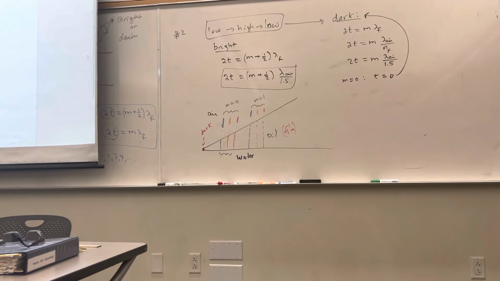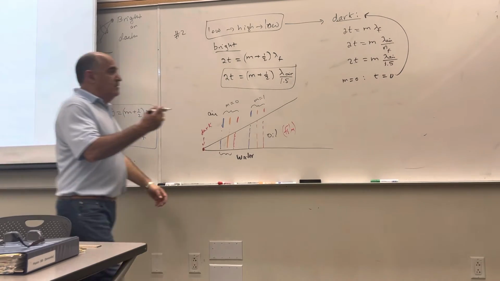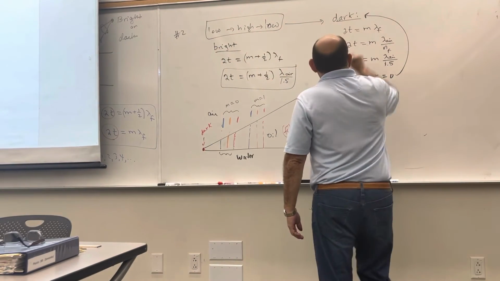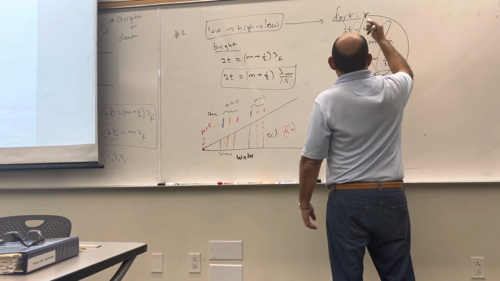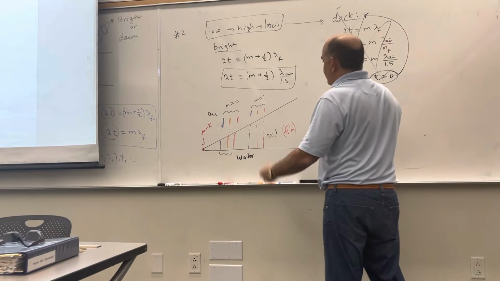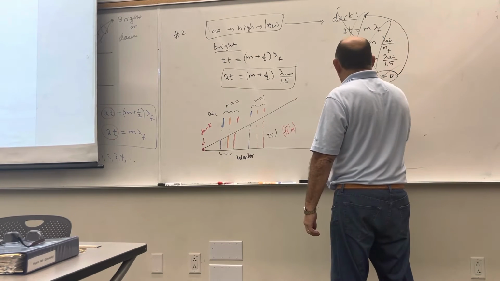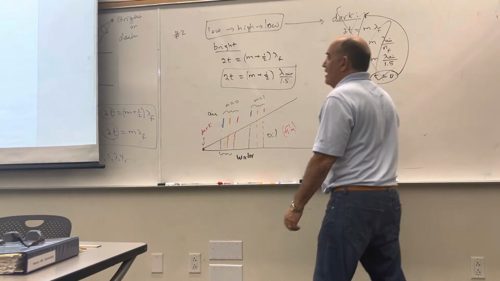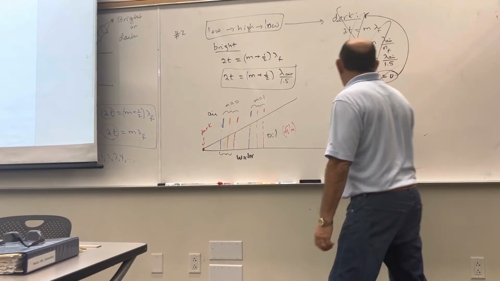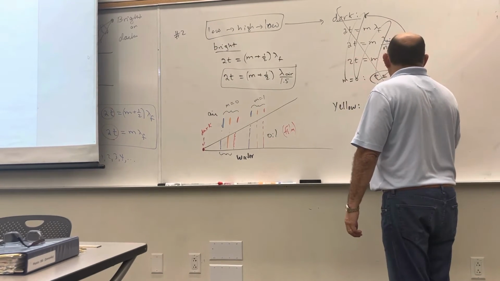And now in air, the yellow light is 580 nanometers. So this is for dark over here, so that's not what I'm going to be using. I just wanted to show you why zero thickness gives you dark. So if you consider yellow light, the wavelength of the light in air is 580 nanometers, that particular light.